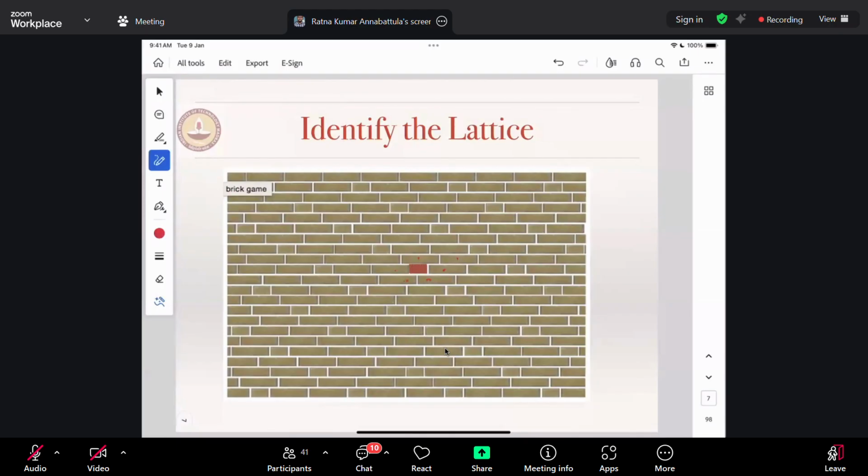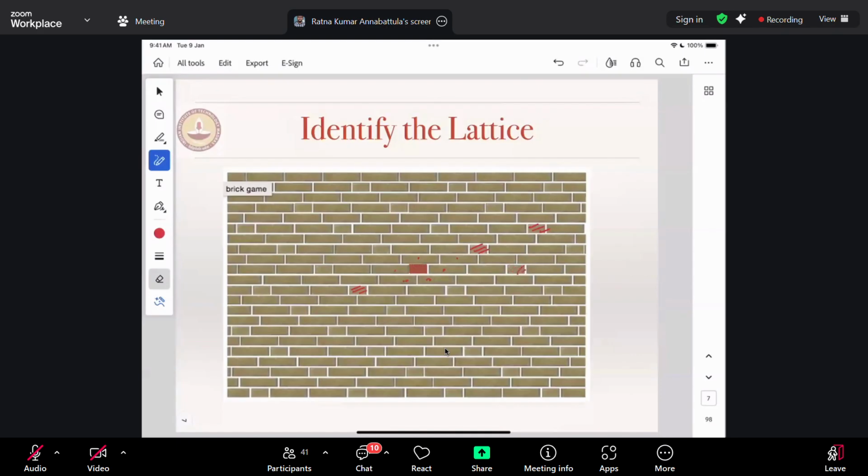Correct? Now let us try to identify similar points. If I look at this one, this is a similar point. Do you agree? Yes, that is a similar point. Is this a similar point? No, that is not a similar point, is it?